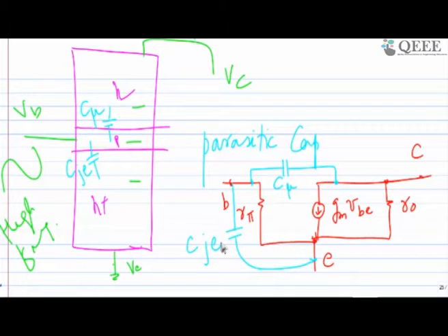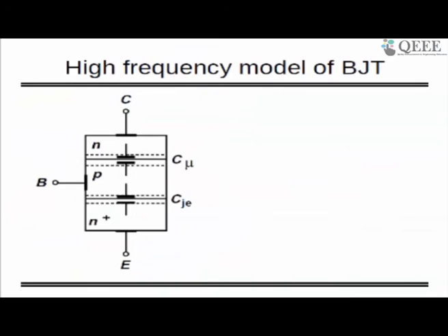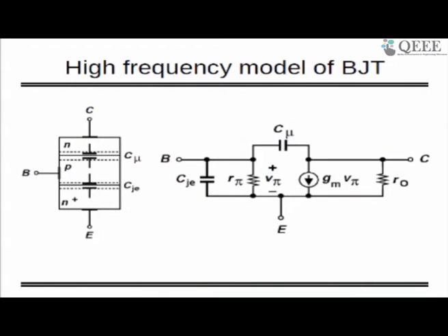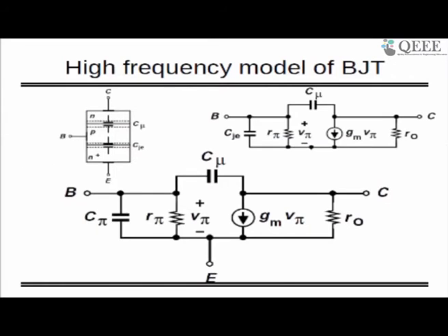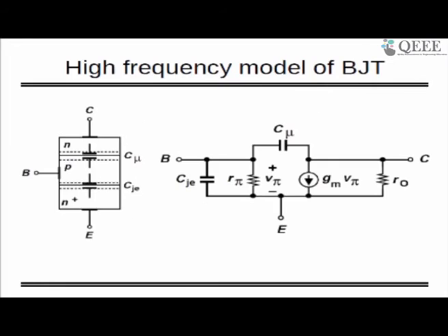And if you want to do the analysis the way you were doing earlier, you have to decompose C mu this side and this side, considering that there is a small signal gain of minus gm times R0. For this case, one BJT will give you a gain of minus gm times R0. Okay, so this was the thing, and this gives you the high frequency model of BJT, and this will be useful to find out the high frequency behavior.